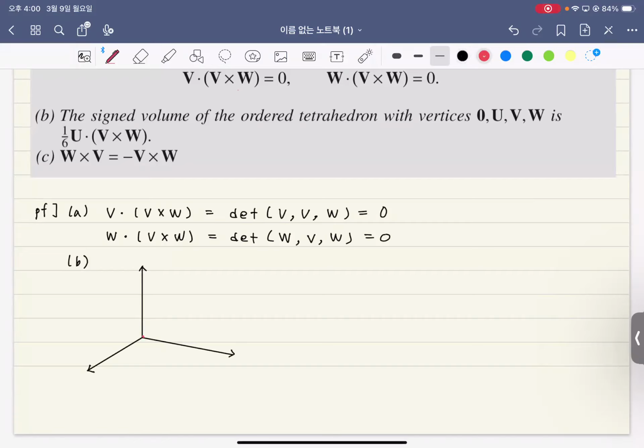This is the origin, and say this is vector u. And I have another vector v, and I have another vector w.